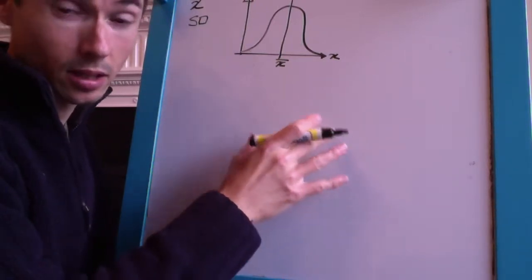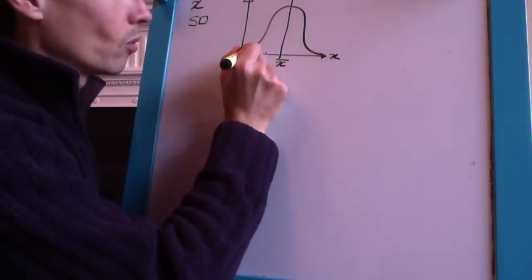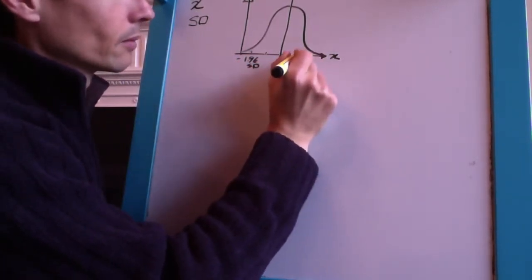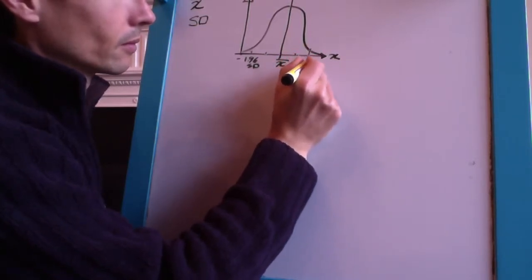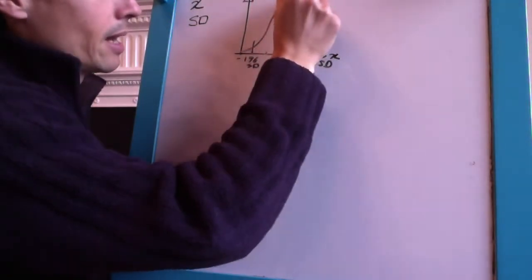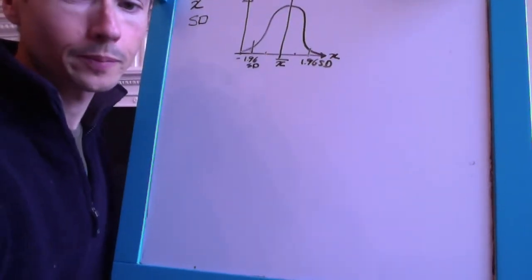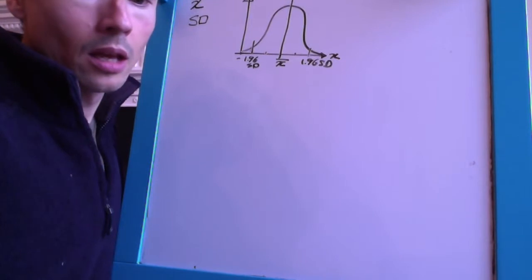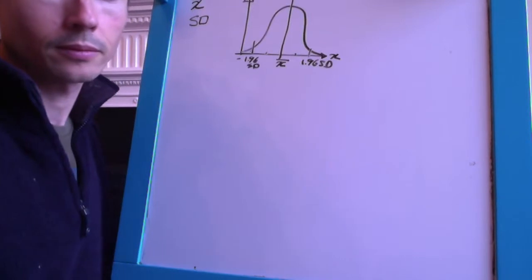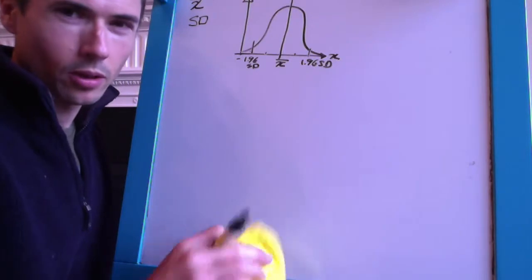I say approximately because the exact value is 1.96 standard deviations. So within that range, we would expect 95% of our values. Okay, so we just need to make sure that bit's clear.